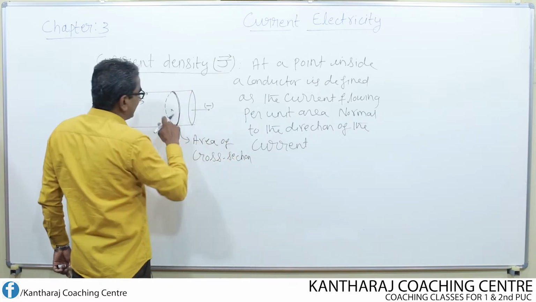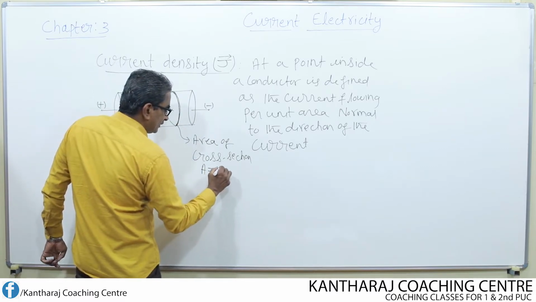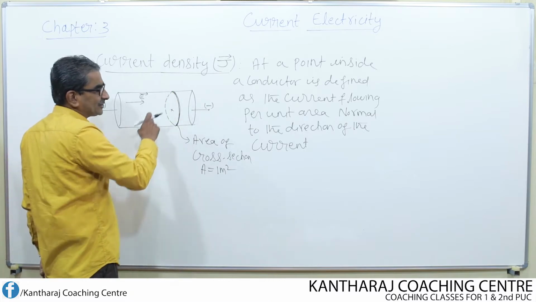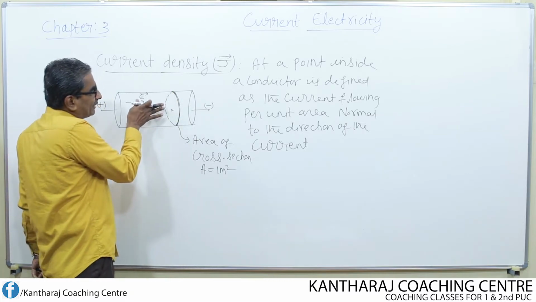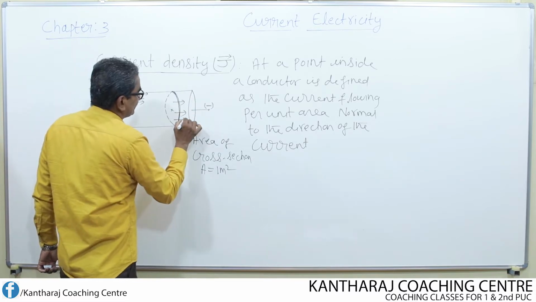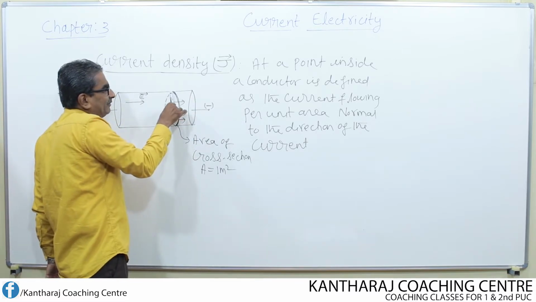If I assume this area of cross section to be equal to 1 meter square, that means unit area of cross section I have chosen, then whatever amount of current flows, if this is the current, then the cross sectional area will be like this.